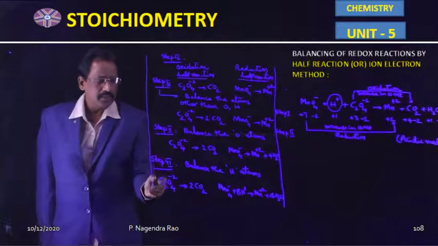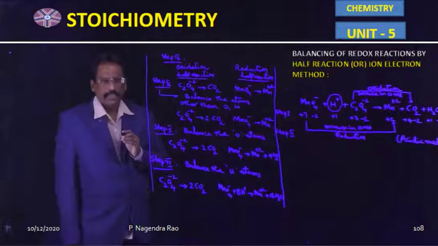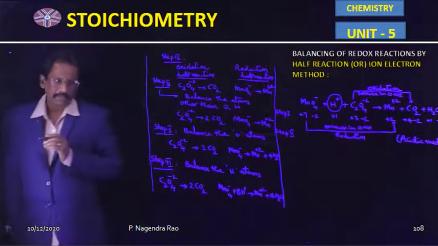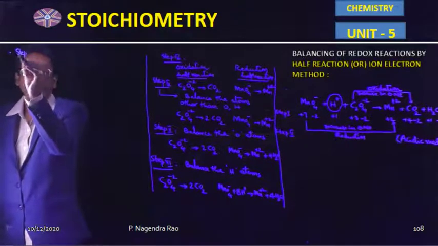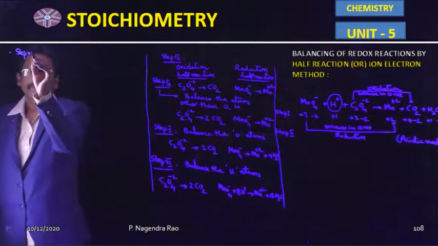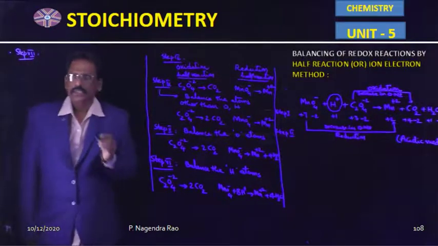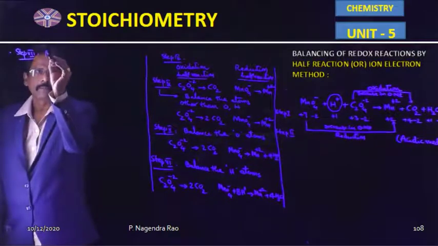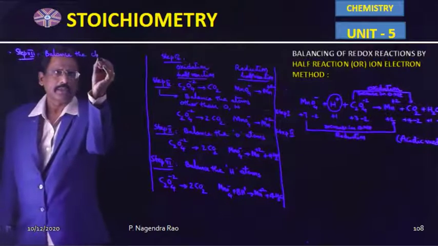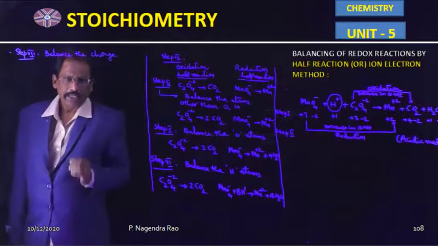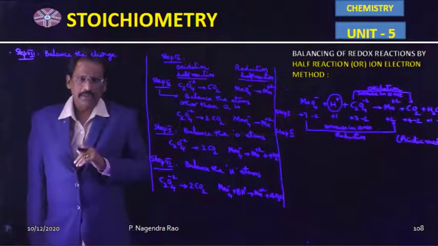And then balance the charge by adding the required number of electrons. Next step is balance the charge by adding the required number of electrons.